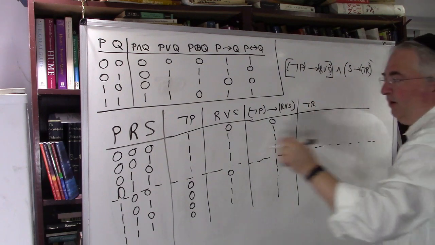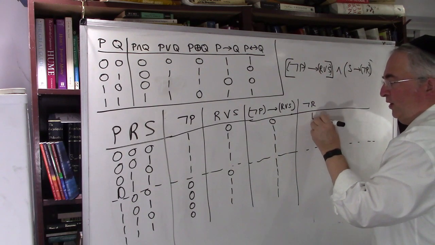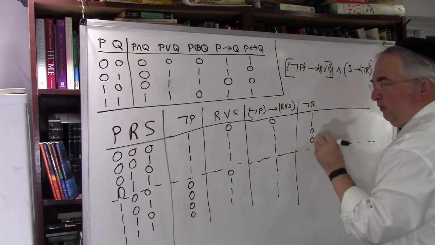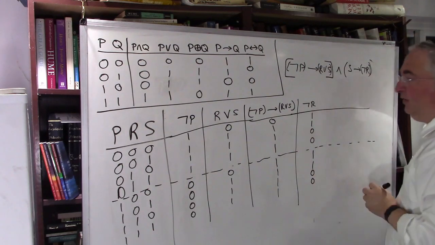Not R is flip R. So you have that as 1, 1, 0, 0, 1, 1, 0, 0. Okay, great.